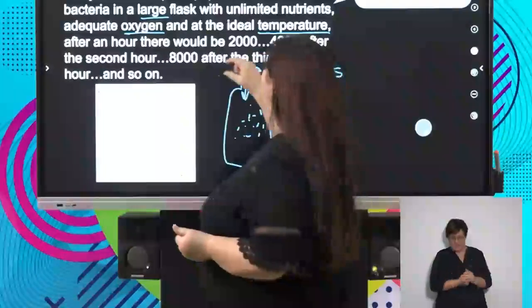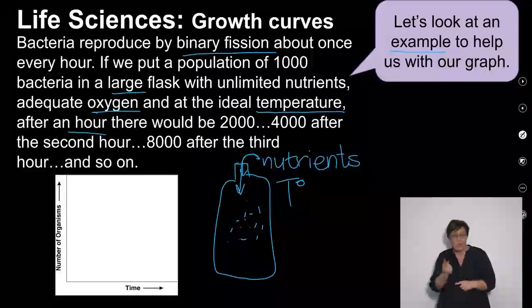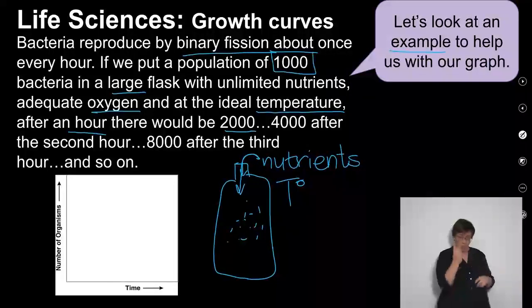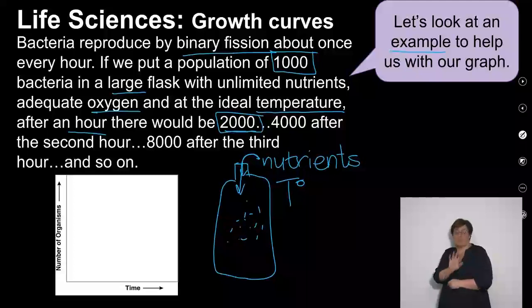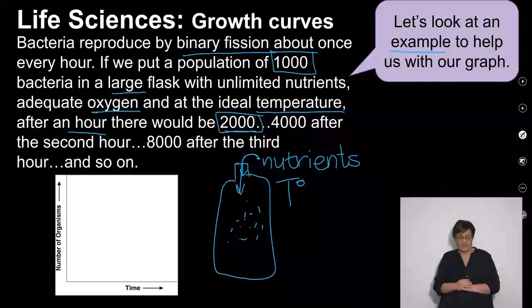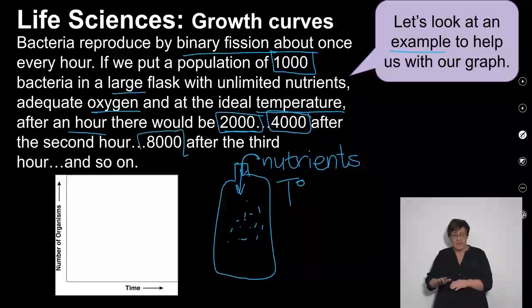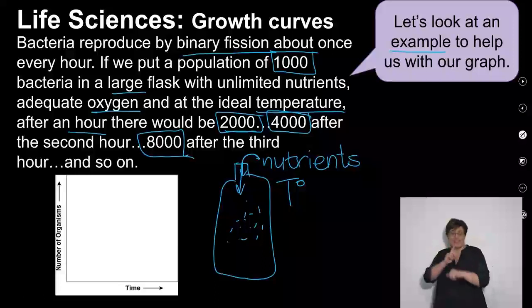And we find that after 1 hour, there'd be 2,000. So there we go. We started with 1,000. We've doubled it after 1 hour. It would be 4,000 after the second hour, 8,000 after the third hour. And you can see what's happening here.